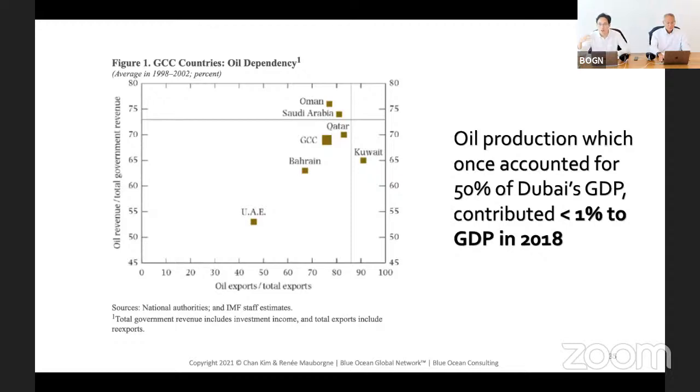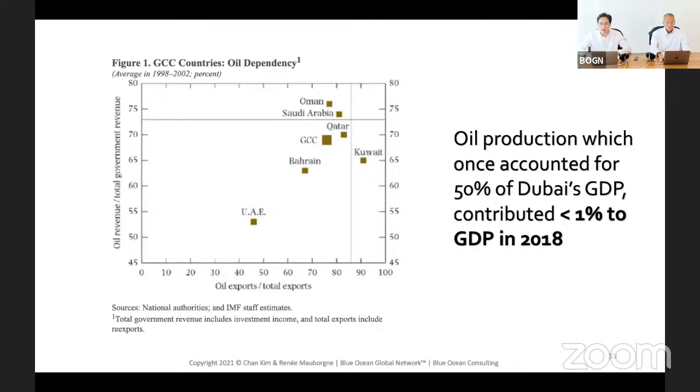Oil production accounted for slightly higher than 50% of Dubai's GDP, compared to some others like Saudi Arabia, where it was almost two-thirds of their GDP.